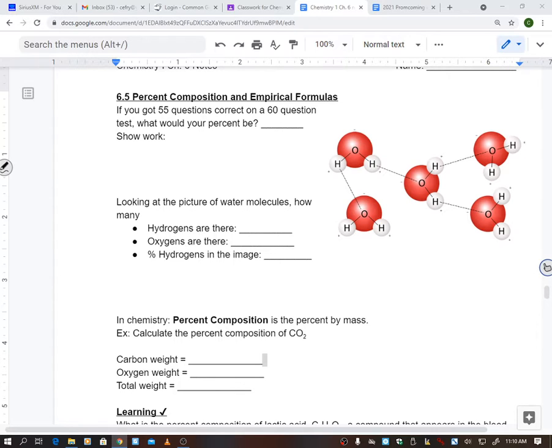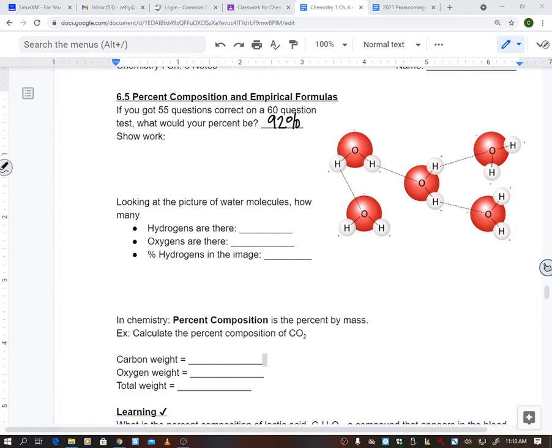So to start off, I asked, if you got 55 questions correct on a 60-question test, what would your percent be? Because most students know how to figure out, did I get an A, did I get a B? So if you're rounding and you said 92%, that would be correct.